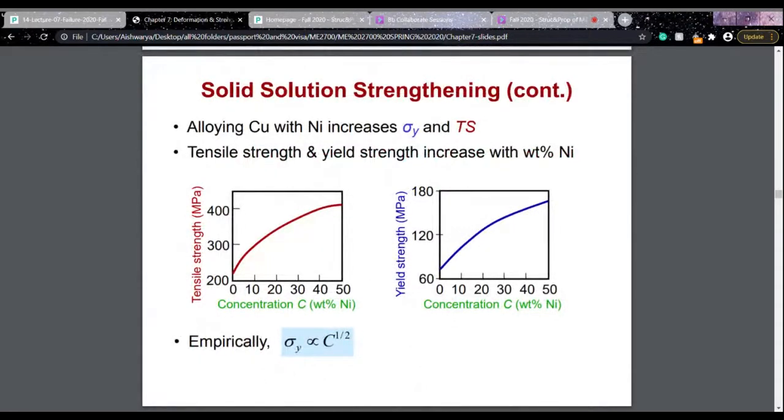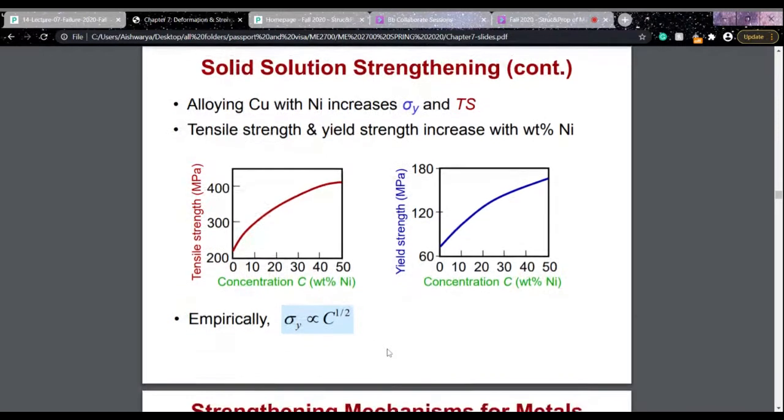Based on the standard graphs we have for the materials nickel and copper, it can be defined that the yield strength is directly proportional to the concentration of these impurity atoms to the power half. So sigma y is directly proportional to C to the half, where C is the concentration of the impurity atoms and sigma y is the yield strength of the alloy.